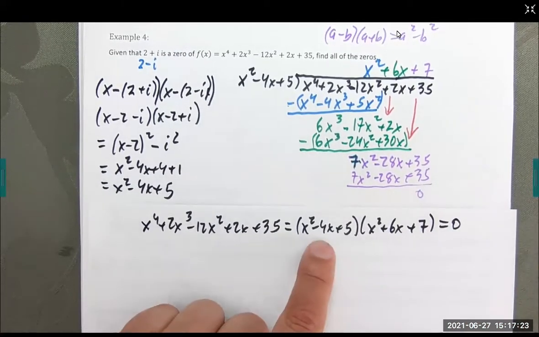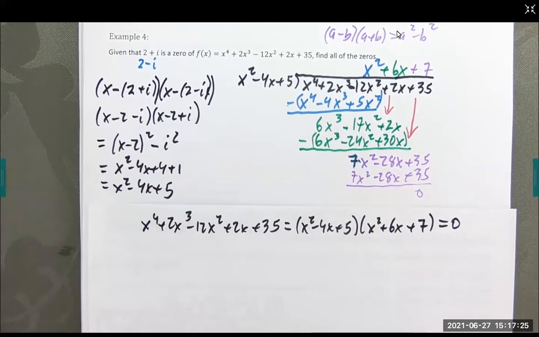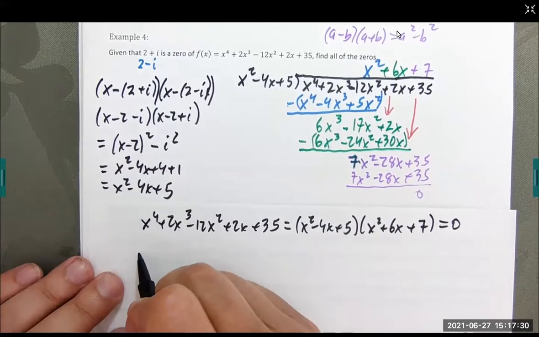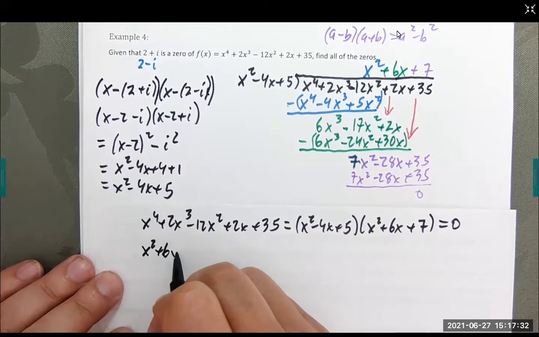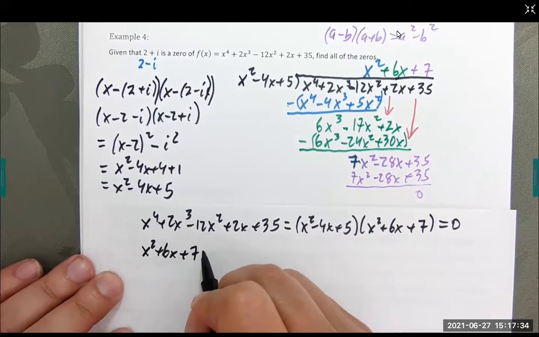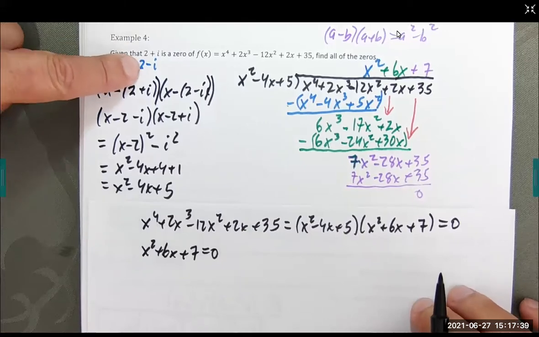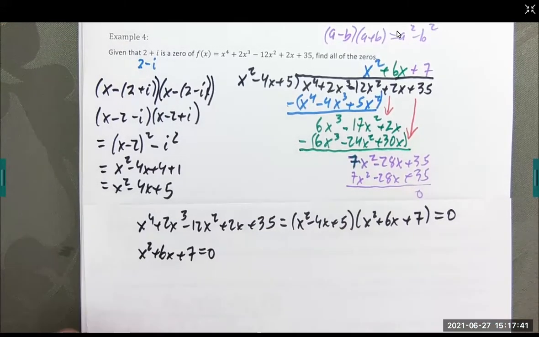We already know what this is, so really all we care about is that. So we have x squared plus 6x plus 7 equals 0. We already know the two zeros here are these two. So here I'm going to have to use the quadratic equation.